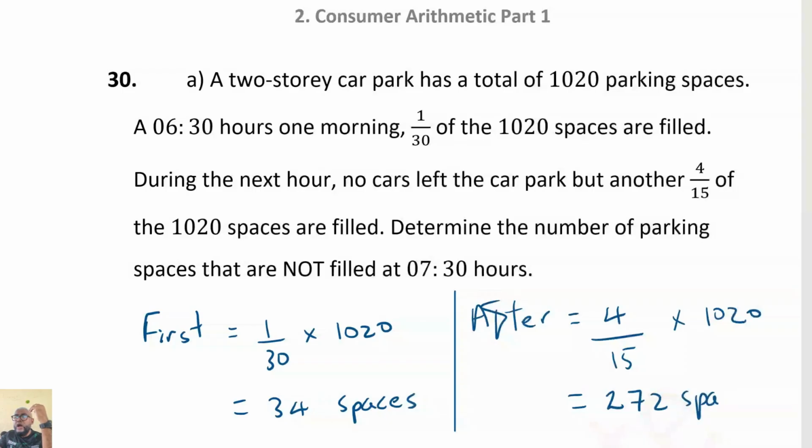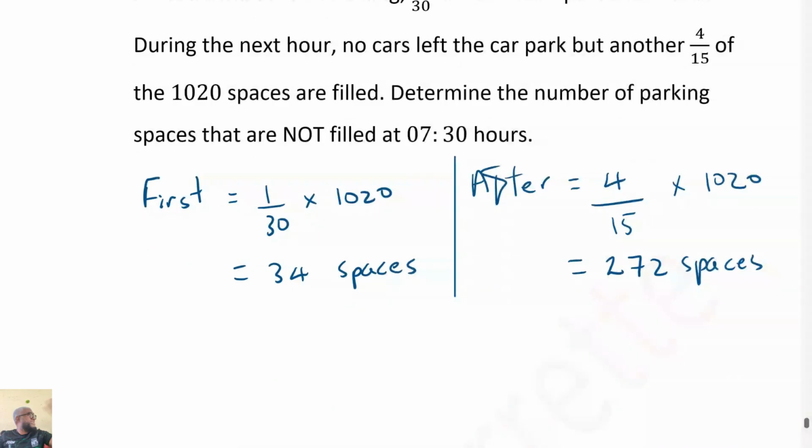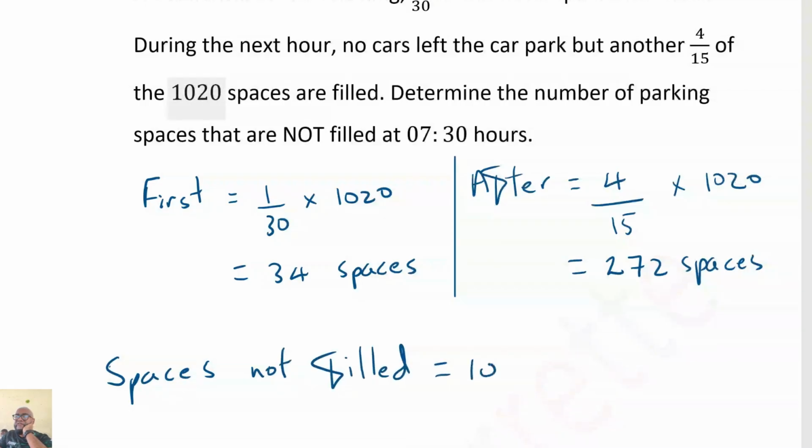How would I calculate how many spaces were not filled? The time is kind of irrelevant to this question, eh? Already realize that? Yeah. The time is irrelevant. So let me go. Spaces not filled, and minus it from 1,020. Excellent.